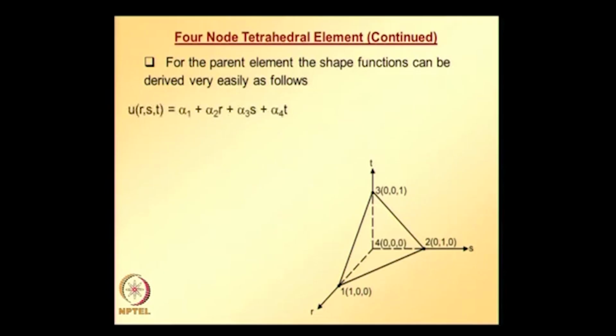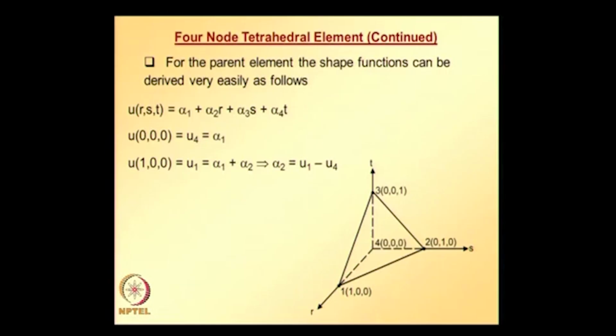You start with the trial solution, substitute the nodal value of the trial solution corresponding to node 4, that is r is equal to 0, s is equal to 0, t is equal to 0, and equate the trial solution value to the value of the nodal value at node 4.